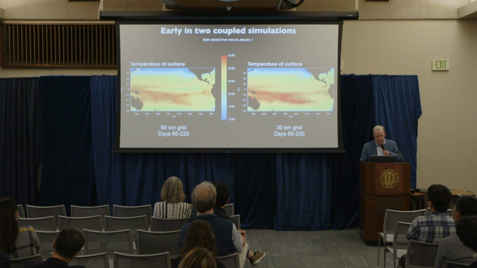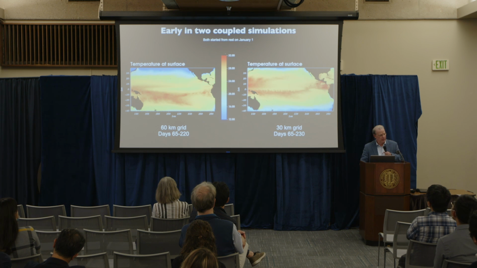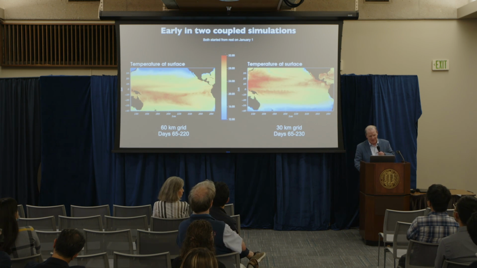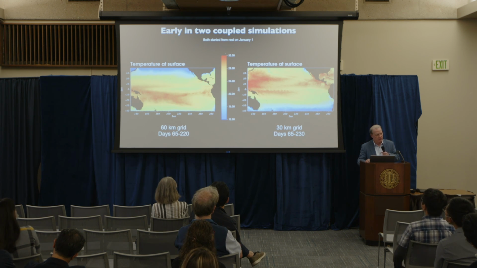So what you'll see when I click is the right side movie will play, and you'll see eddies appearing along the equator as things spin up. These are called tropical instability waves. I don't know why the oceanographers call them that. It seems like a weird name. But you see that the northern hemisphere is warmed up because the seasons are changing, right?